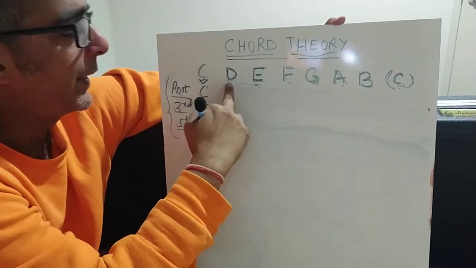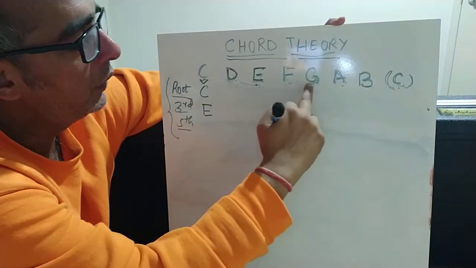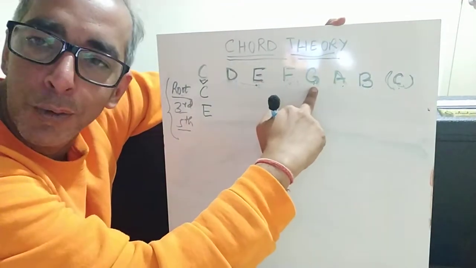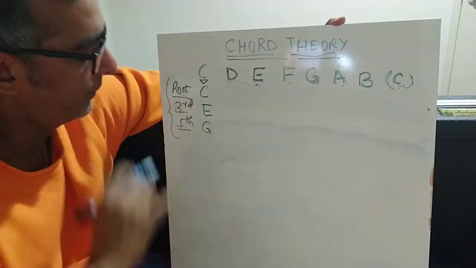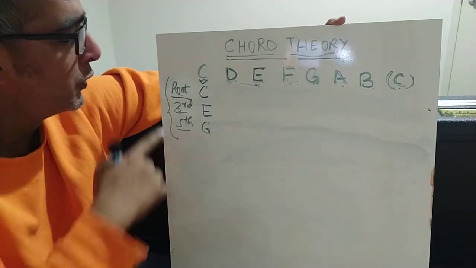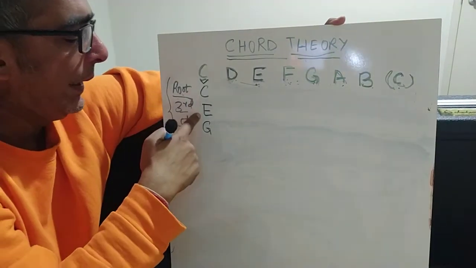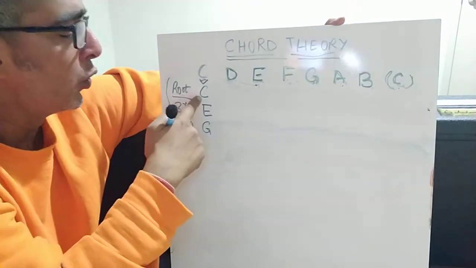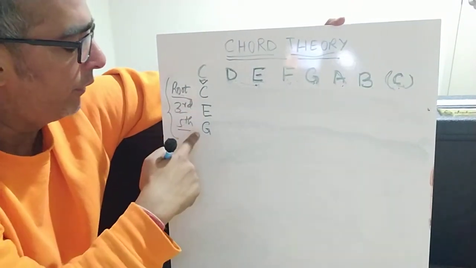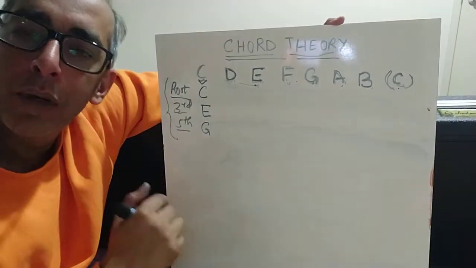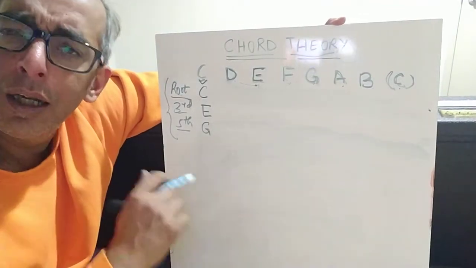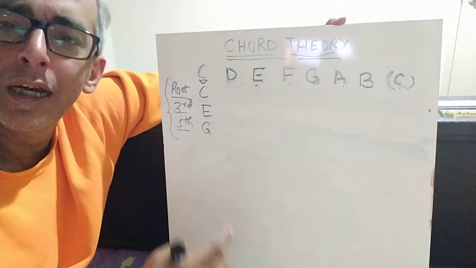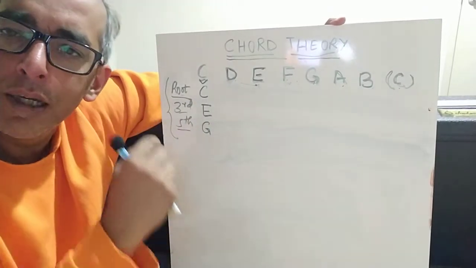So second, third, fourth, and fifth, which is G note, right? G. Okay. So when we are playing C, E, and G, root, third and fifth, we are playing our C chord, right? It can be anywhere on the guitar. It will be the combination of these 3 notes only.